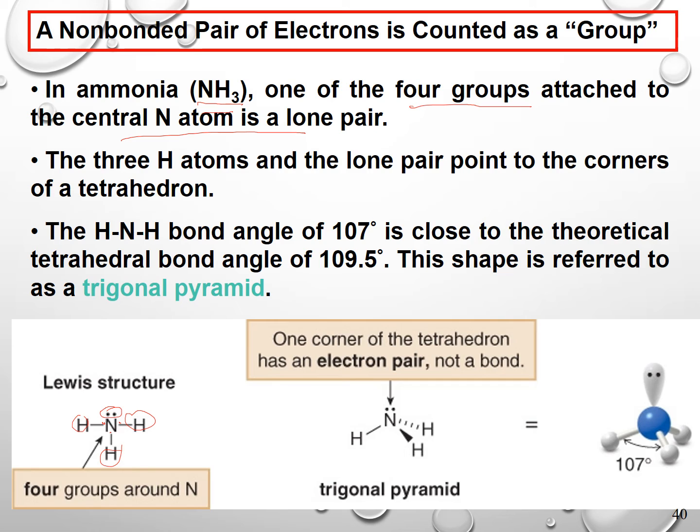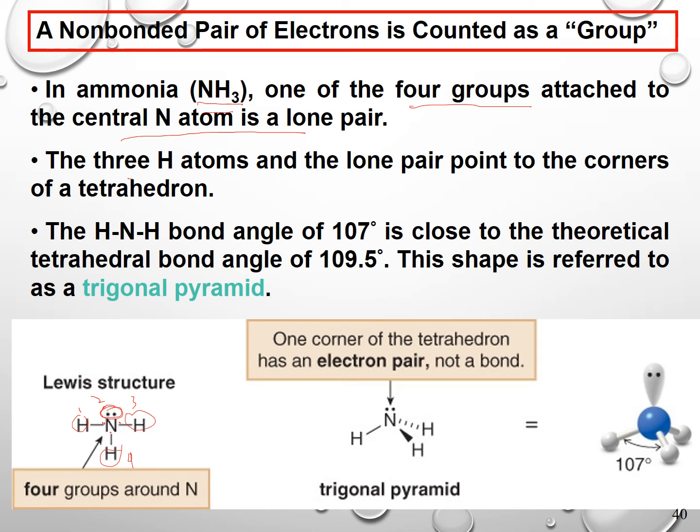Jadi this lone pair pun kita akan ambil kira untuk kita bentuk kita punya molecular structure tu. Okay. So untuk this case for NH3 dia ada 4 group. Dia dikira sebagai group. So this is 1, 2, 3, 4 group. So bila 4 group dia akan jadi tetrahedral.